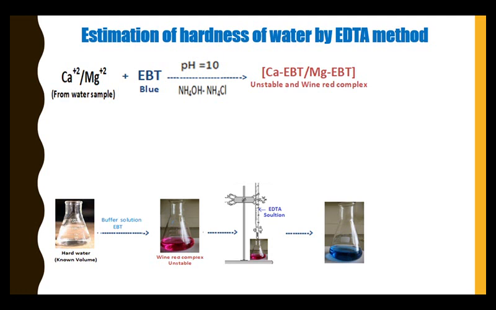And here I would like to mention one point, that we take a known volume of water sample which is buffered to pH 10, followed by 1 or 2 drops of EBT indicator. So one thing is certain, when we take more amount of water and only a small amount, or you can say few drops, of EBT indicator, all the calcium plus 2 and magnesium plus 2 ions which are present in water may not be complexed with EBT, because EBT will be limited in number.